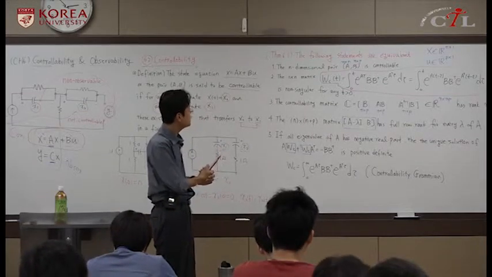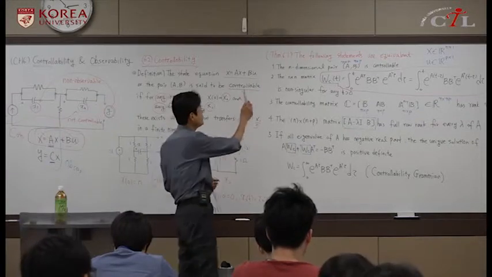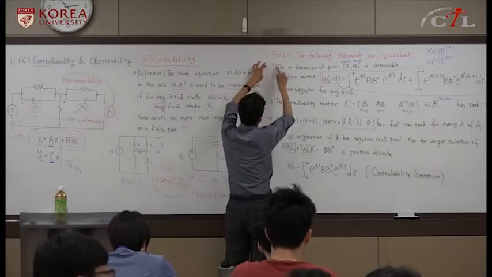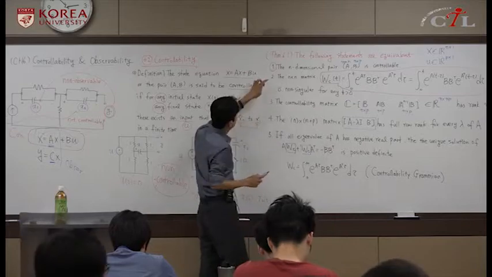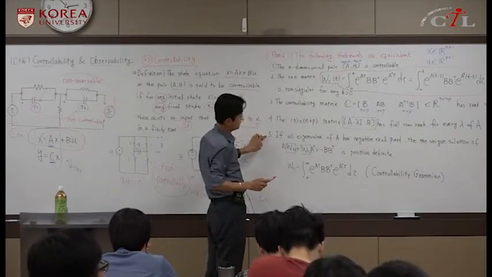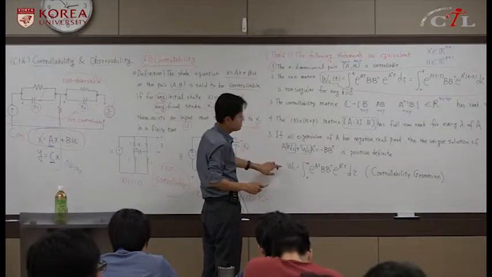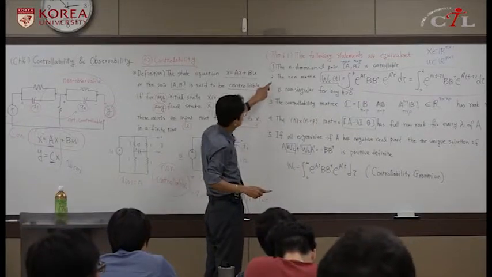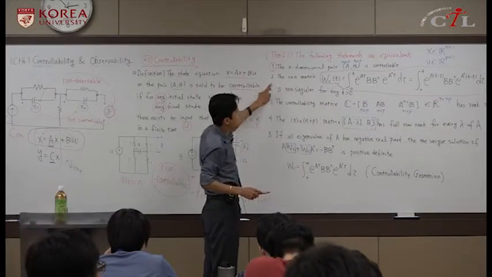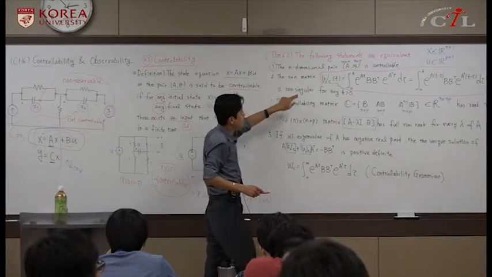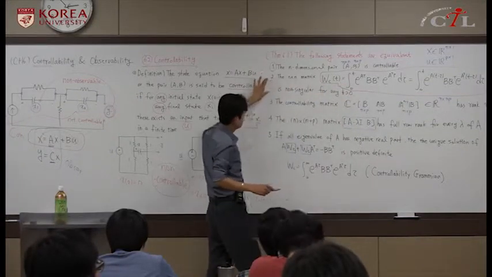And in reality, if you want to see whether a system is controllable or not, which one will be practical? Well, calculating W_c is quite a burden because we need to calculate the matrix exponential.